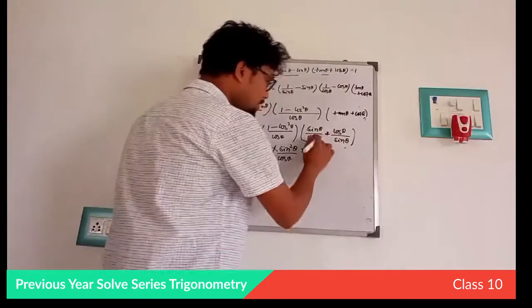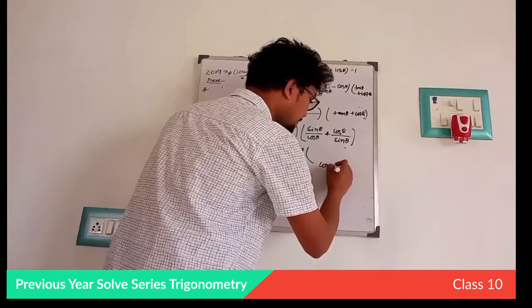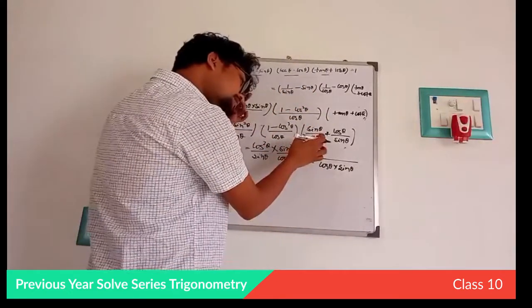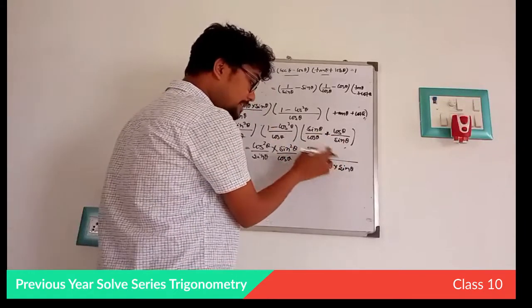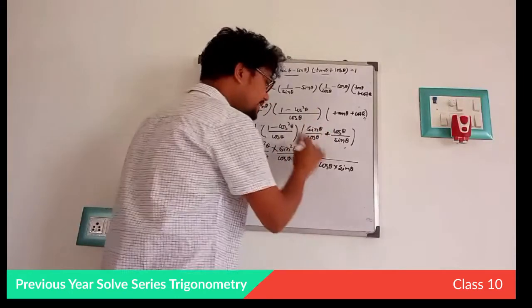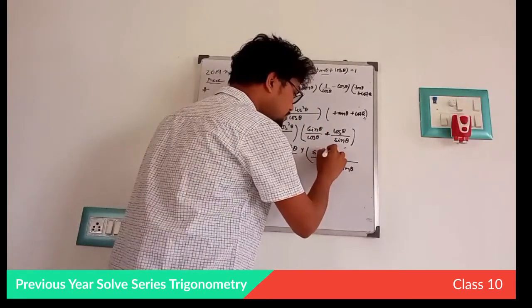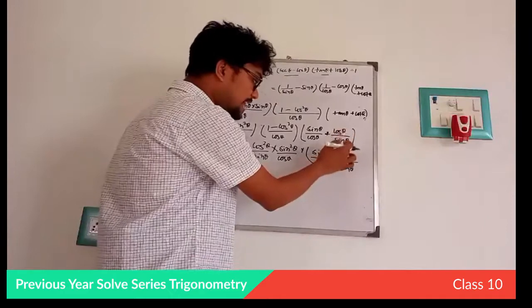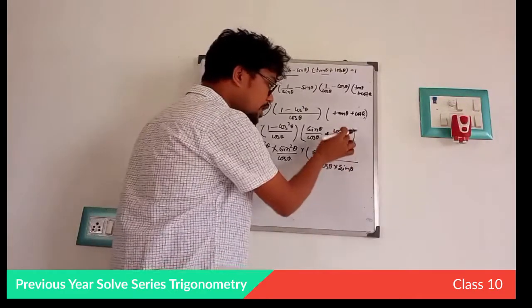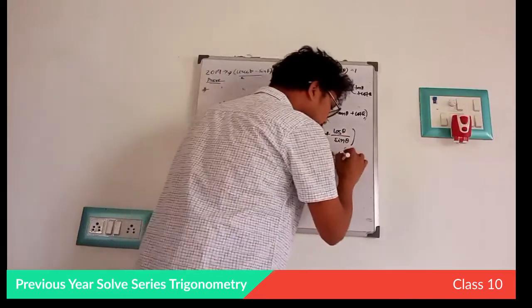And take the LCM, cos theta sin theta. Cos theta sin theta divided by cos theta is sin theta, into sin theta, equal to sin square theta. Sin theta cos theta divided by sin theta is cos theta, plus cos theta into cos theta, equal to cos square theta.